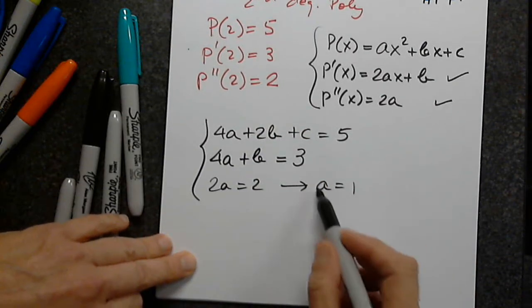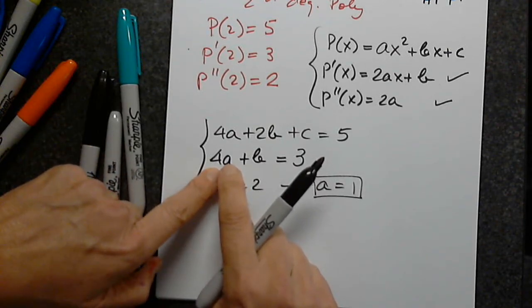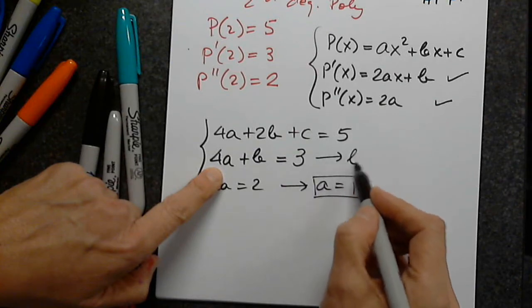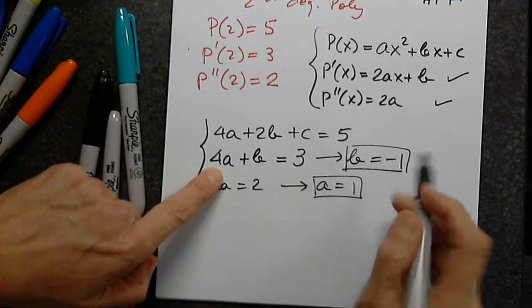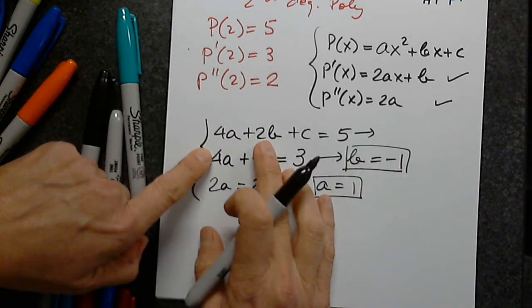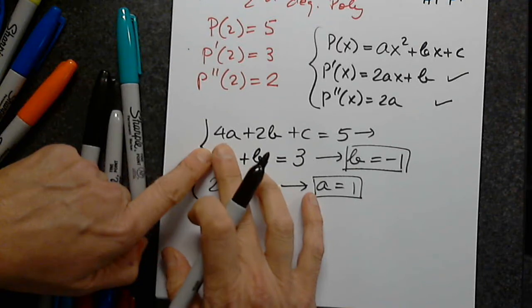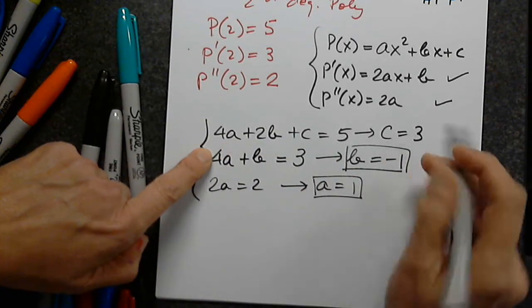So let's go with back substitution. That's the easiest thing to do. We already determined A. So let's put A in here, which is 1. How much is B? Yes, it is -1 indeed. So now I'm back to the first equation in which A is 1 and B is -1. So 4 minus 2 will be 2. So C will be? 3. That's it.